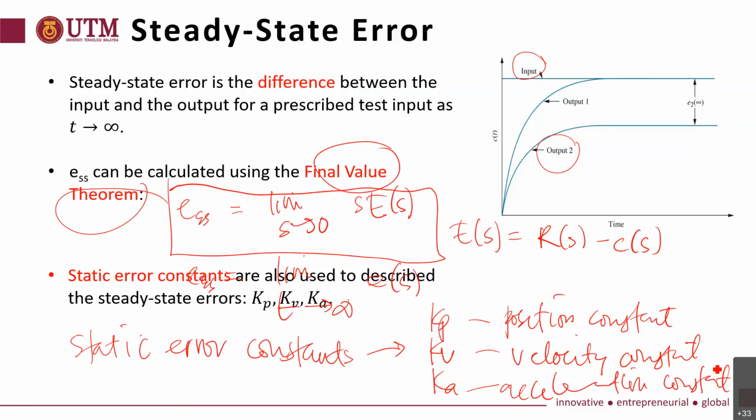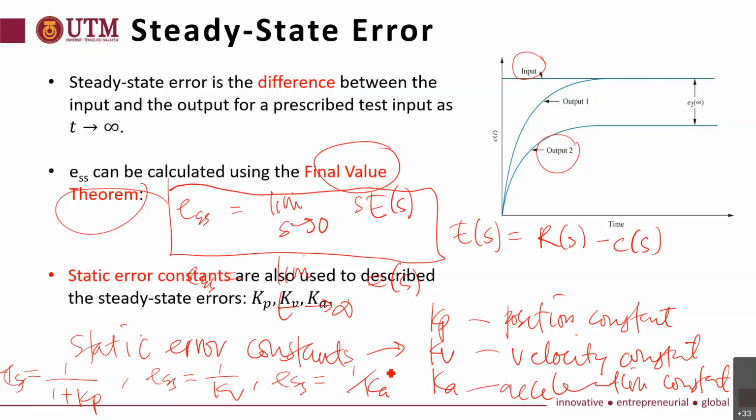Sometimes a system is given the value of Kp, the position constant, or Kv or Ka, in which case the error is 1 over 1 plus Kp, or the error is 1 over Kv, or the error is 1 over Ka.